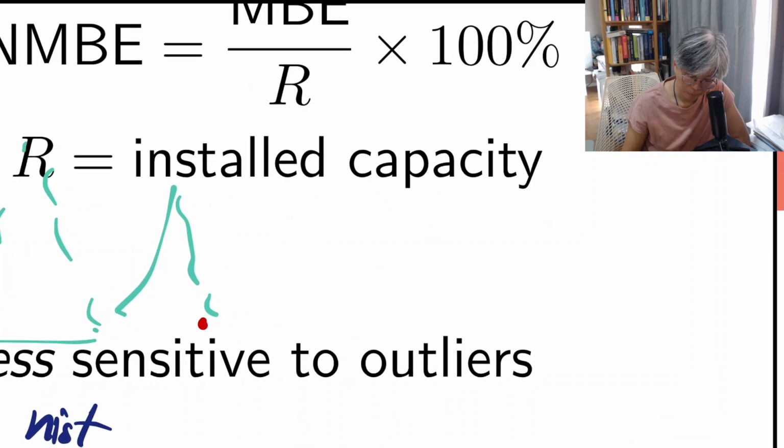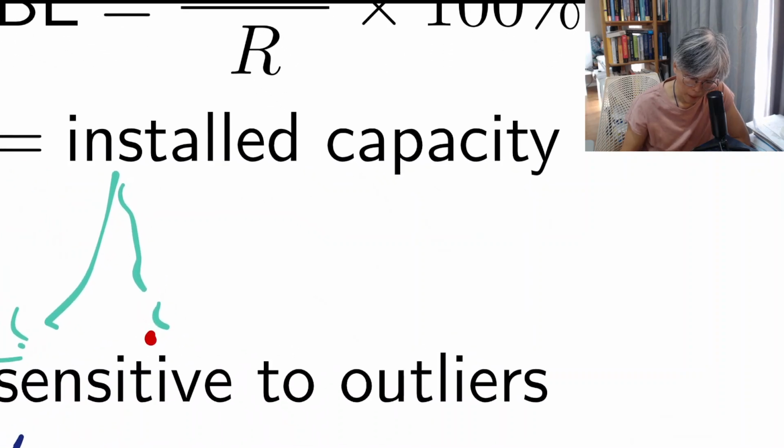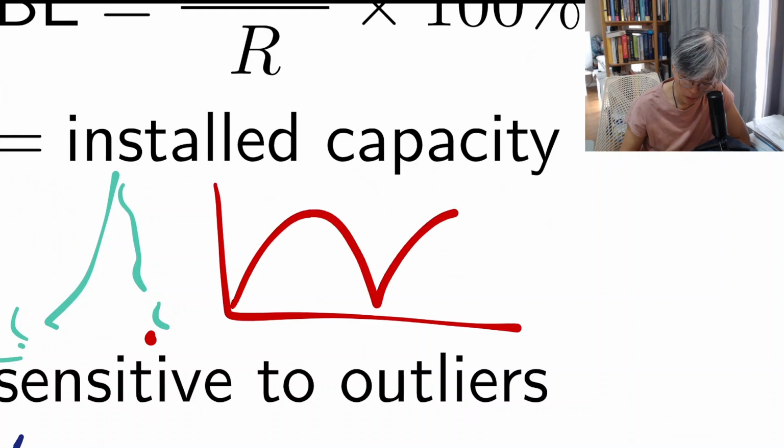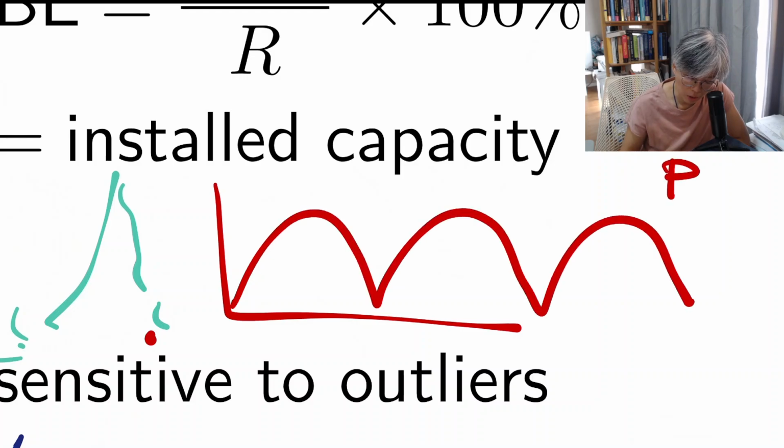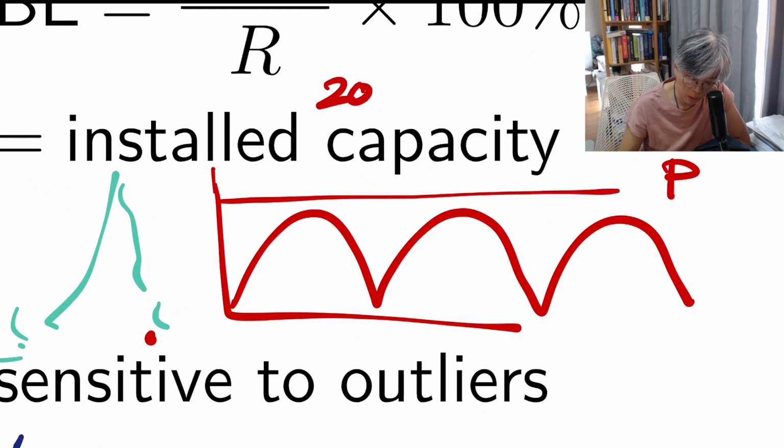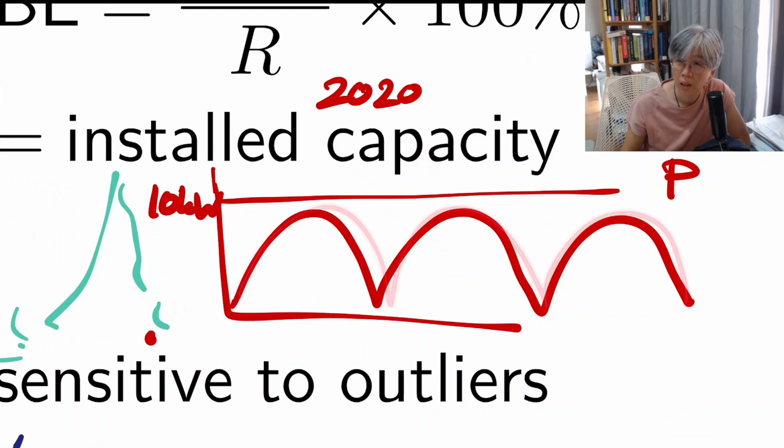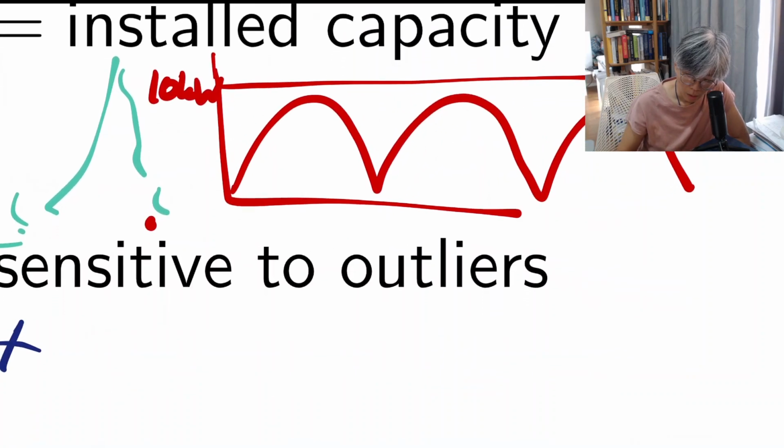For example, suppose you look at your solar power measurements. Maybe you installed it in 2020, and the rated power peak is around 10 kilowatt, for example, and you get the measurement value around the rated power.